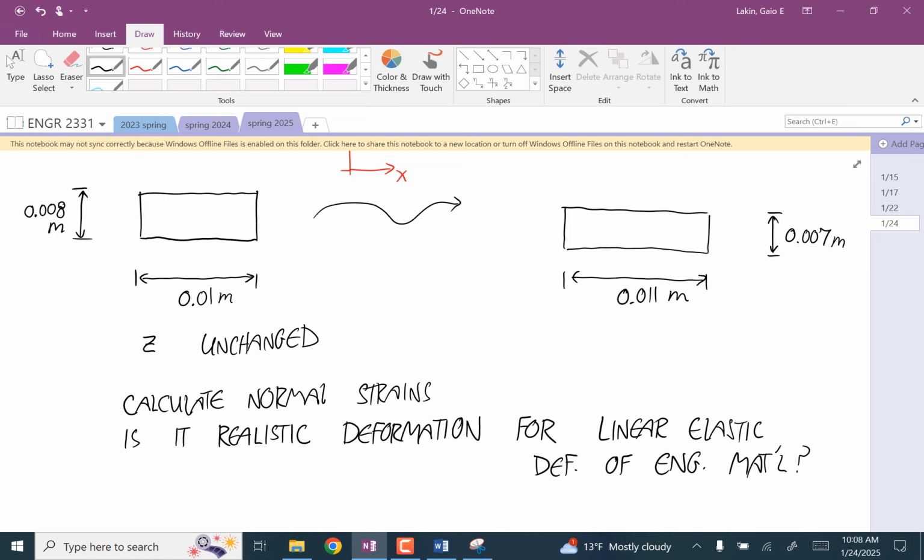Elastic means if you remove the loads, it'll go back to its original shape. Once you get to permanent deformations, it's not elastic anymore. Linear means this linear relationship between stress and strain that I mentioned last time, that all of our calculation techniques are based on. And then engineering materials, so we're talking about metals or concrete. Does wood fall under that? Wood also has a good linear elastic region. Bone has a good linear elastic region, so you can do this with biomechanics stuff.